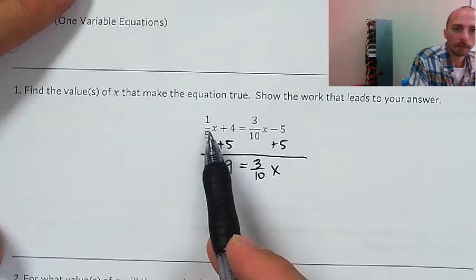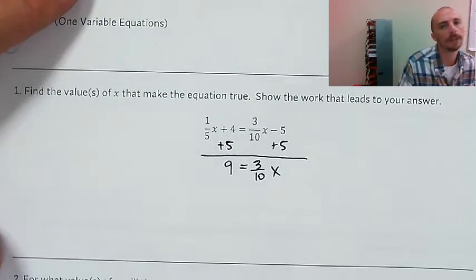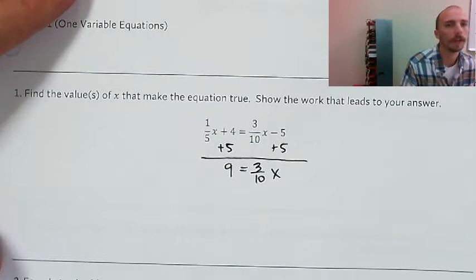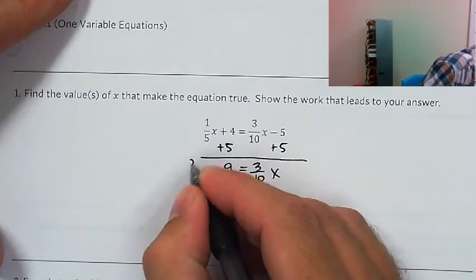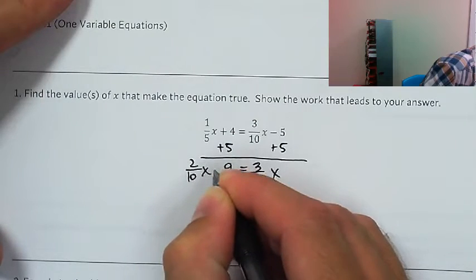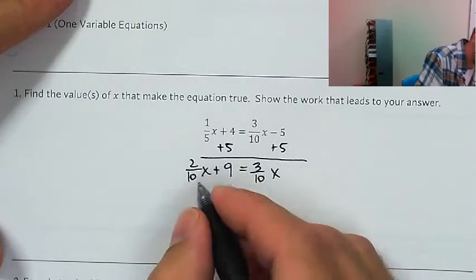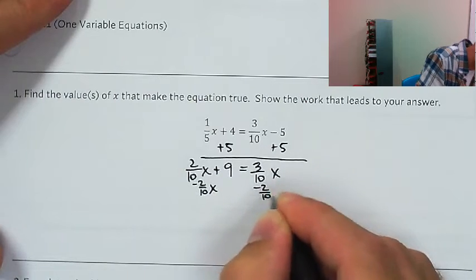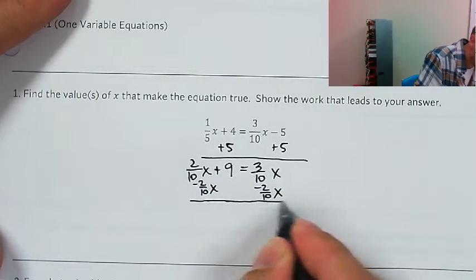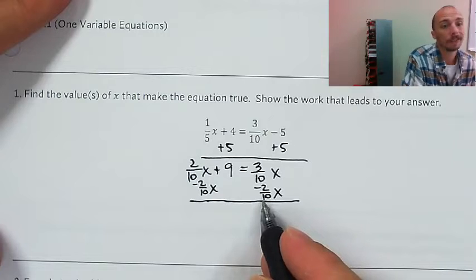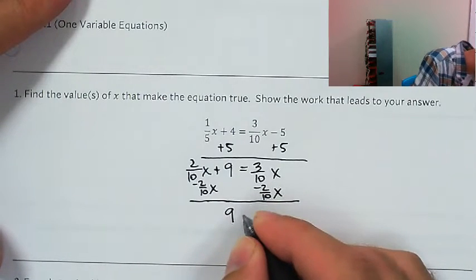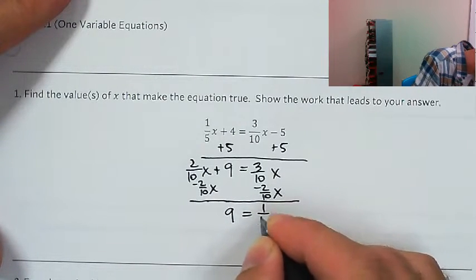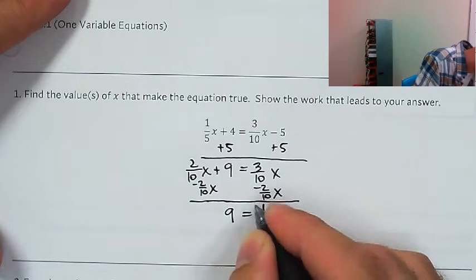So instead of writing 1/5 x, how many tenths is 1/5? That's 2/10. I'm going to say that's 2/10 of x. And that will make it easier when I go to subtract 2/10 of x. They'll see, oh, 3/10 of x minus 2/10 of x is just going to be 1/10 of x. So 9 is equal to 1/10 of x.